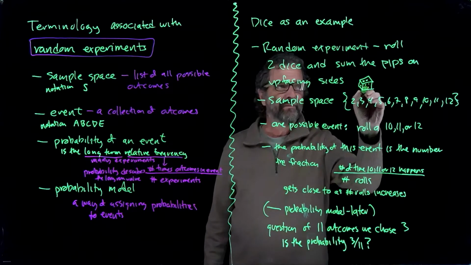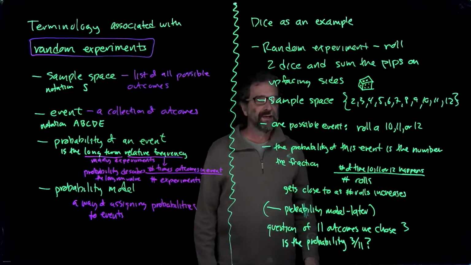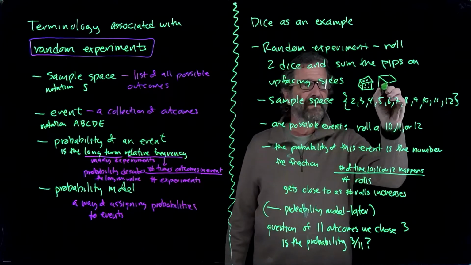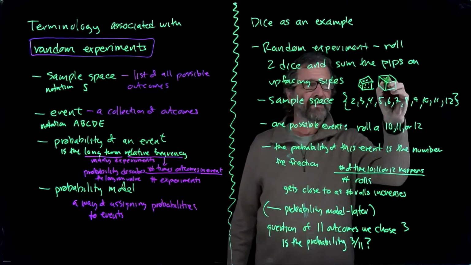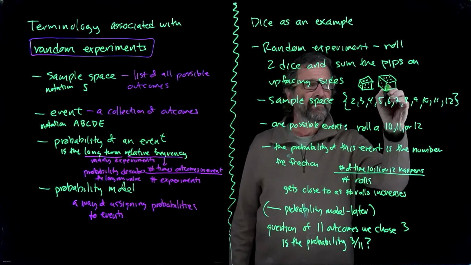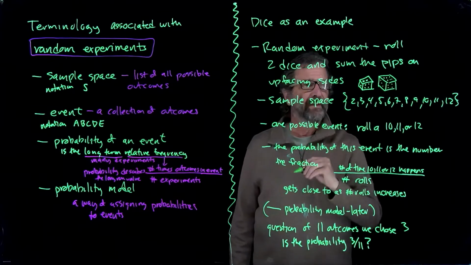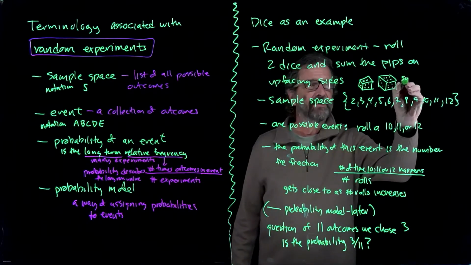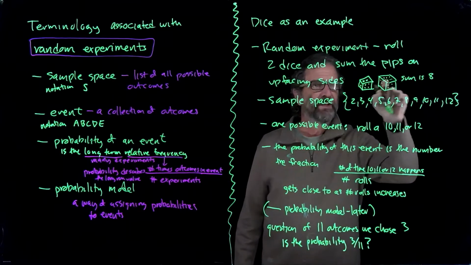It might look like this, then the up-facing side would have a 2 on it. Maybe you have another die sitting next to it that you just finished rolling, challenging my artistic ability. So the up-facing sides, the sum would be 8. 6 plus 2.